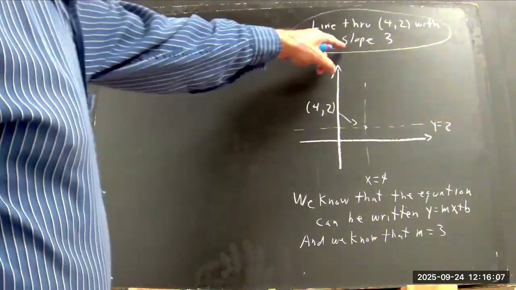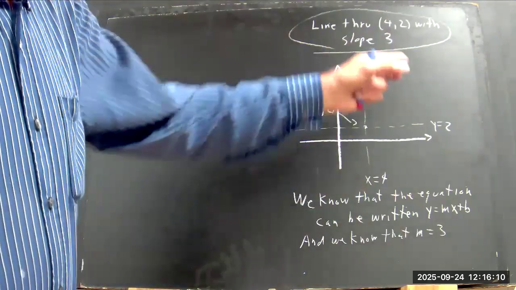We know from what we're given that m equals 3, as the slope is 3.